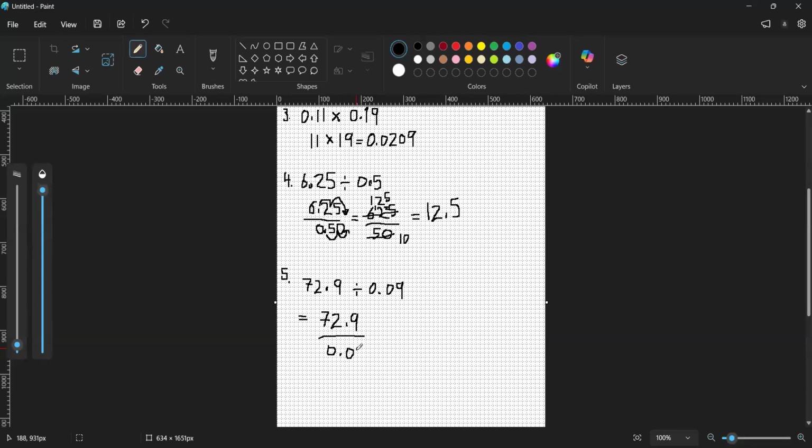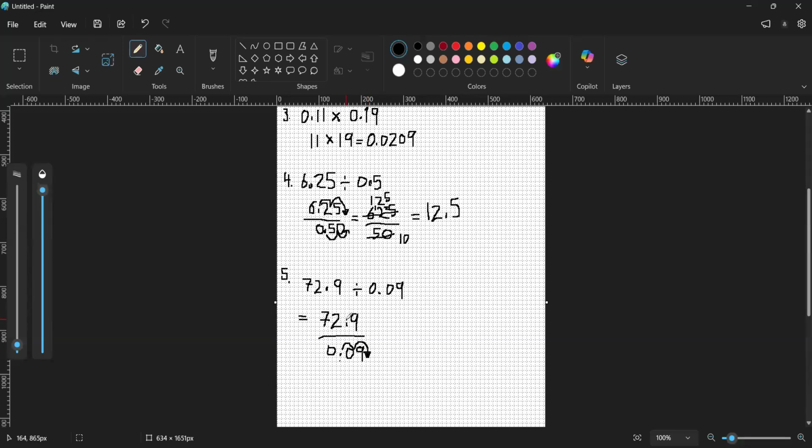Again, which one has more decimal jumps or decimal places? 0.09, correct. So we're going to work on 0.09, moving the decimal jumps towards the right-hand side to make it a whole number. We need two decimal jumps.